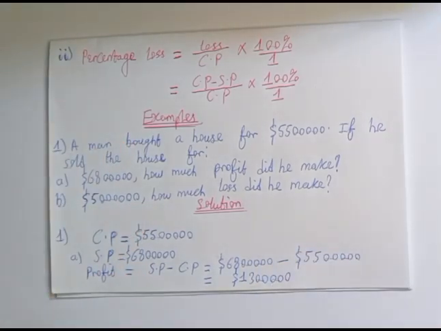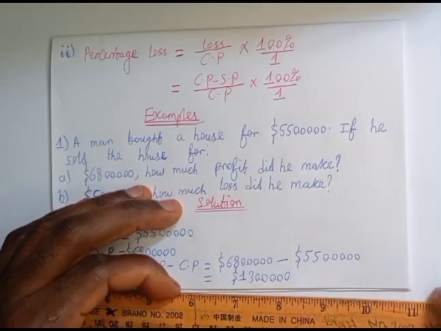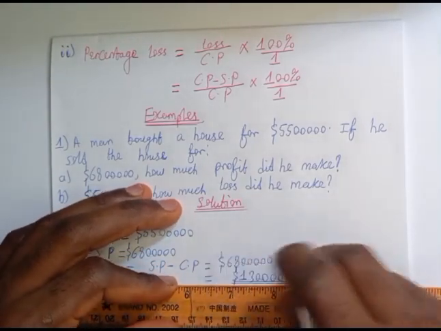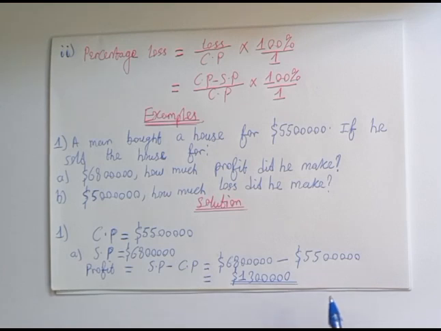So this will be the profit the man makes after selling the house for $6,800,000. We go to B.